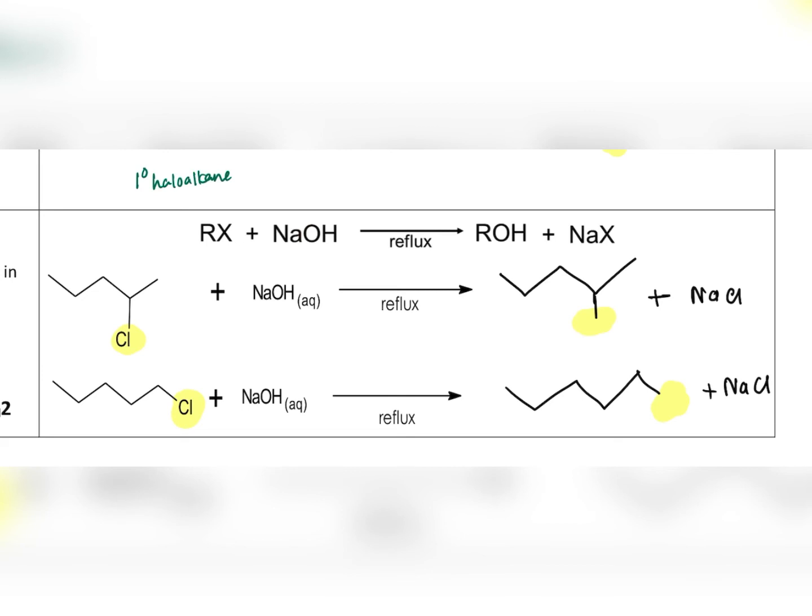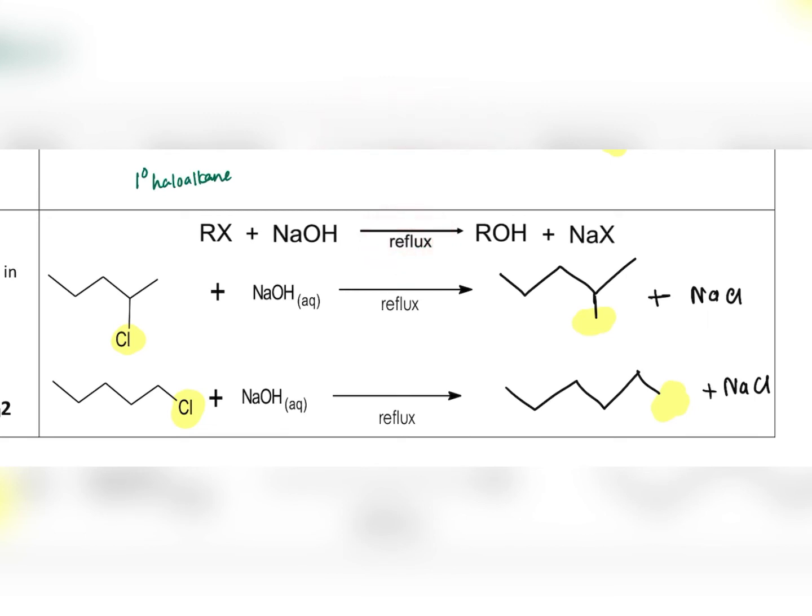Okay, so condition masih sama, must be with reflux. Kenapa? Because your haloalkane is very volatile, so dia tak boleh direct heat. Kalau direct heat, dia akan just evaporate begitu je. So we must use set up reflux.